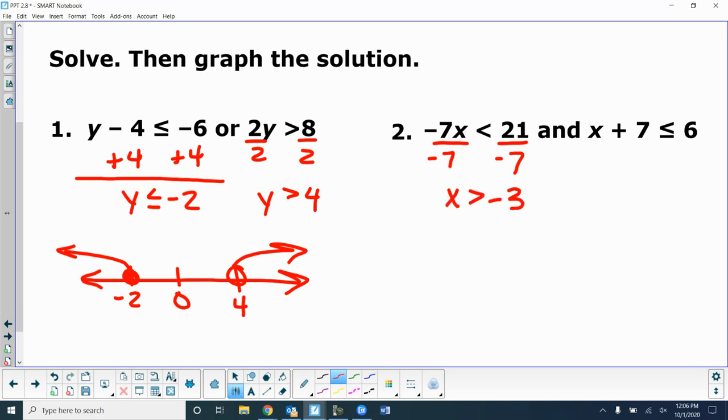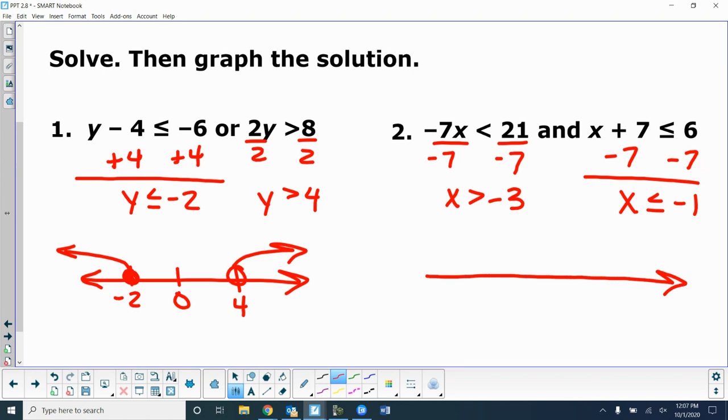Remember to flip your inequality, we divided by -7. And then here we'll subtract, and what do we get, Grace? Right, and this is a conjunction. Usually those go towards each other the majority of the time. Again, not every time, but a high 90%.